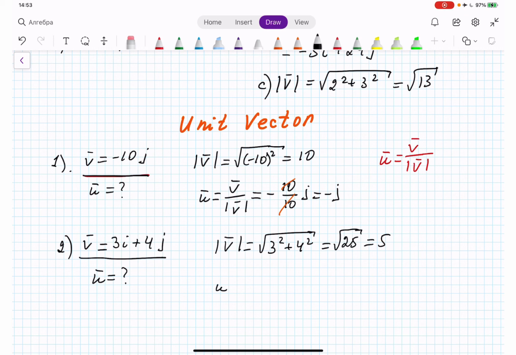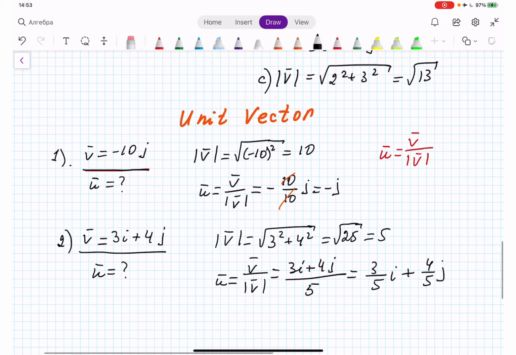So the unit vector is equal to vector v divided by the magnitude of vector v, and we get 3i plus 4j divided by 5, which is equal to 3/5 of i plus 4/5 of j.